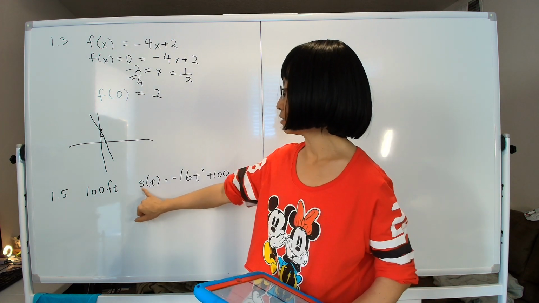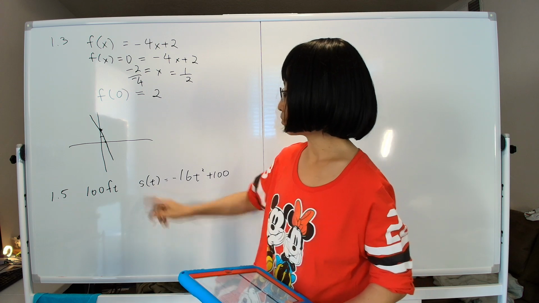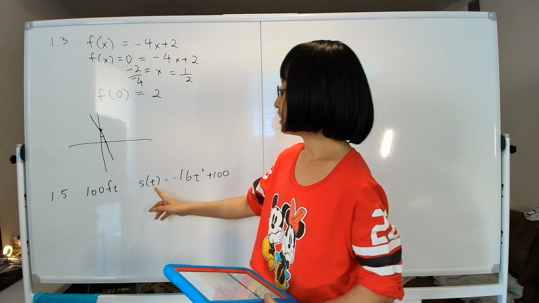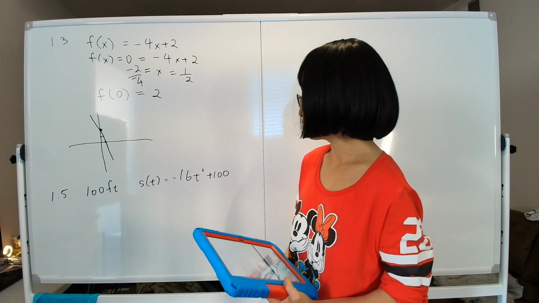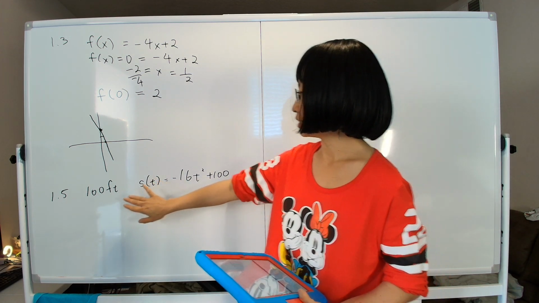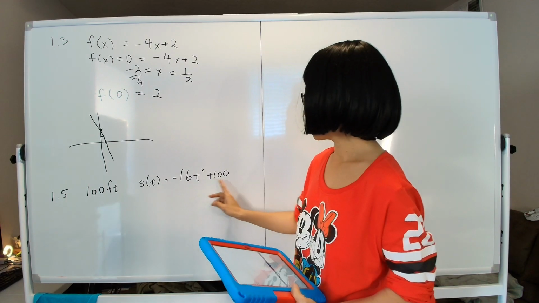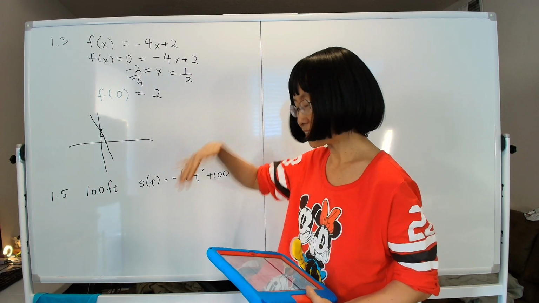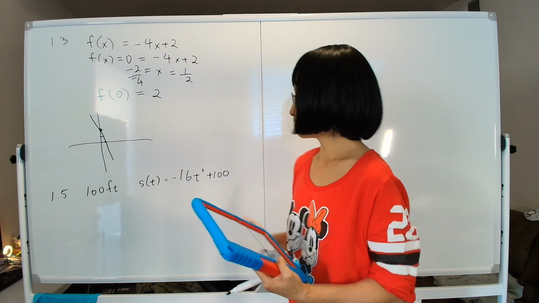The S is the distance. That's usually represented by S in physics. I don't remember why. T stands for time, so that makes a little more sense. So then, you see the ball starts at 100 feet, okay? And as time goes on, the 100 gets eroded, all the way down to 0, plunge.